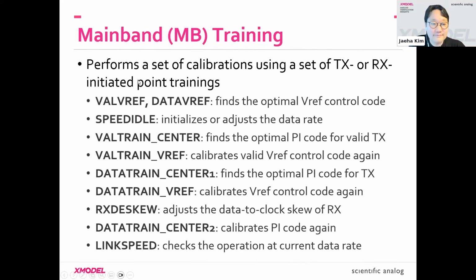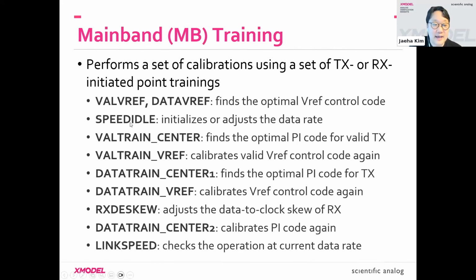MB training performs a lot of calibration, and they're signified by these names. So val stands for valid, data stands for data. So val Vref, data Vref means you want to find the optimal reference voltage level for the valid and data.